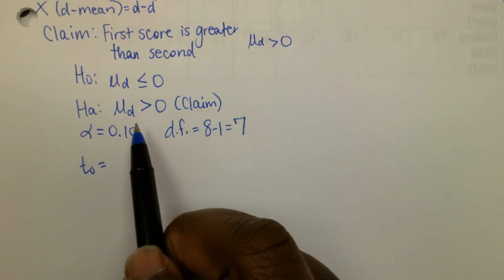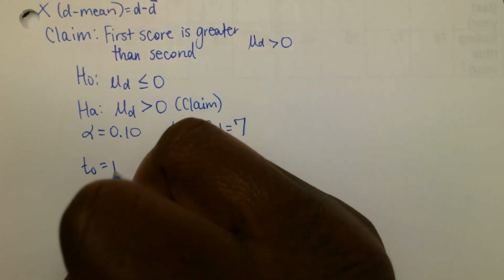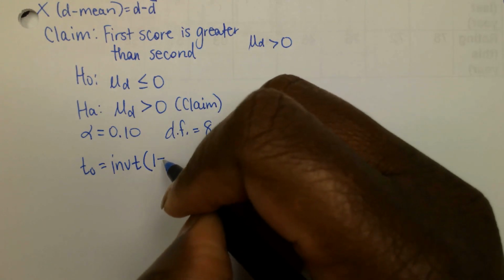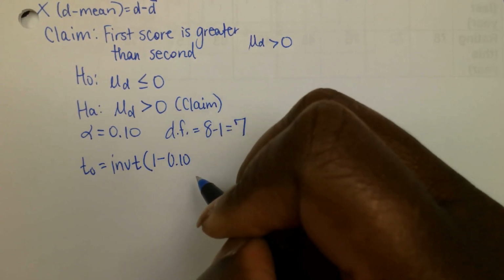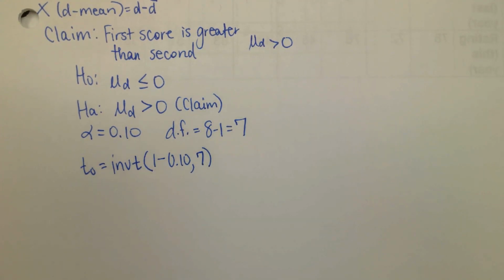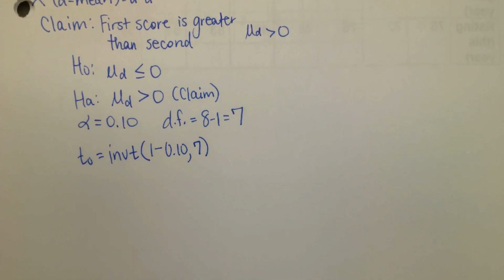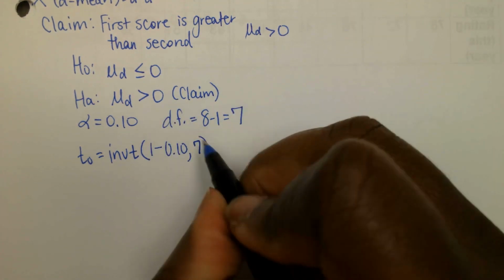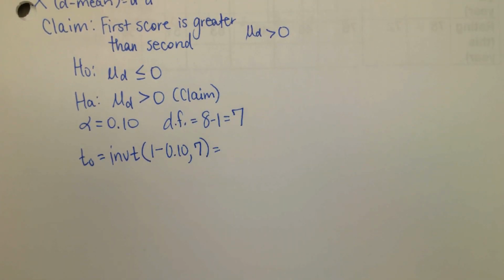So according to our HA, we have a right tail test. So we're doing 1 minus inverse t. For t, there is no left, right, center. So everybody does the same thing, inverse t. I like to use my formula sheet for this.